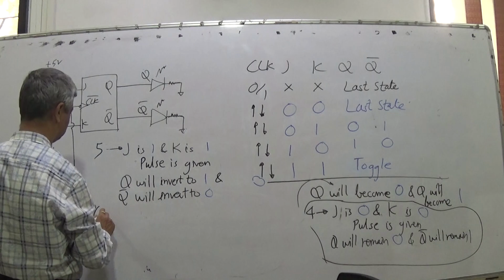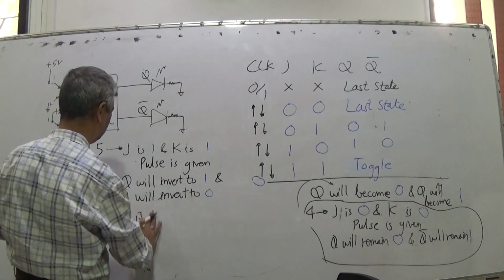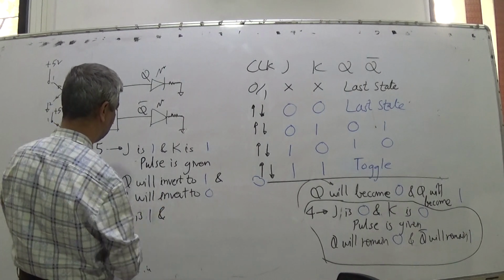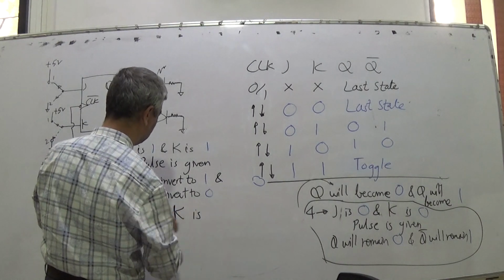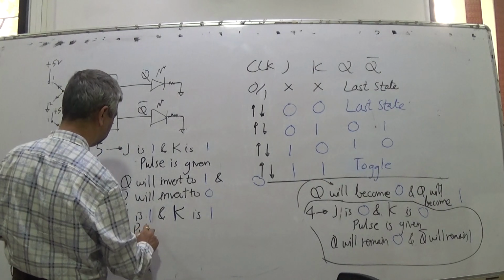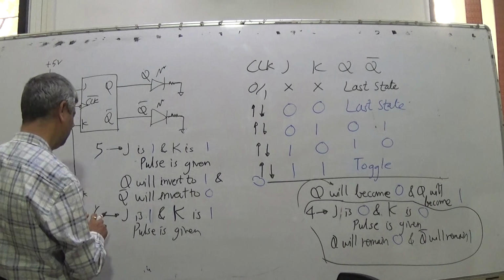Now again, step 6. If you still keep J as 1 and K as 1, and you again give the pulse, then what will happen?